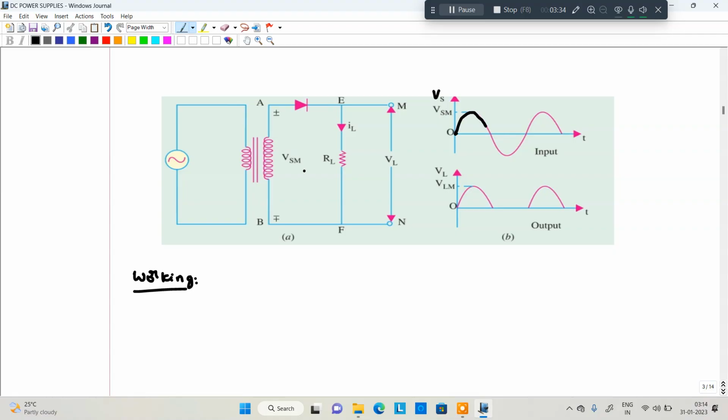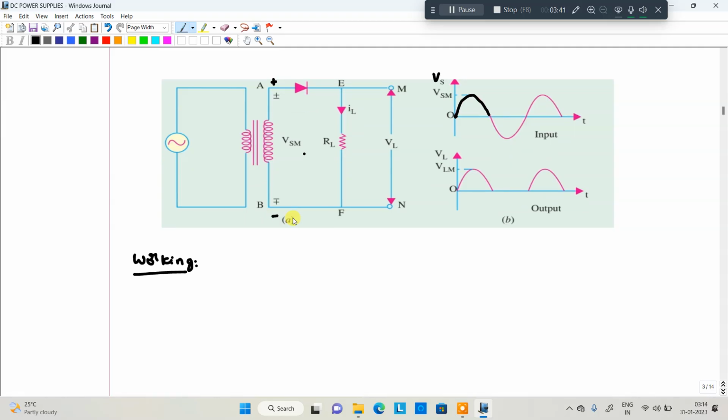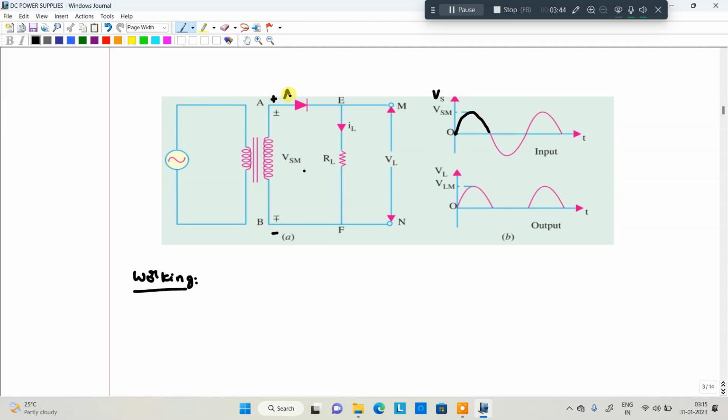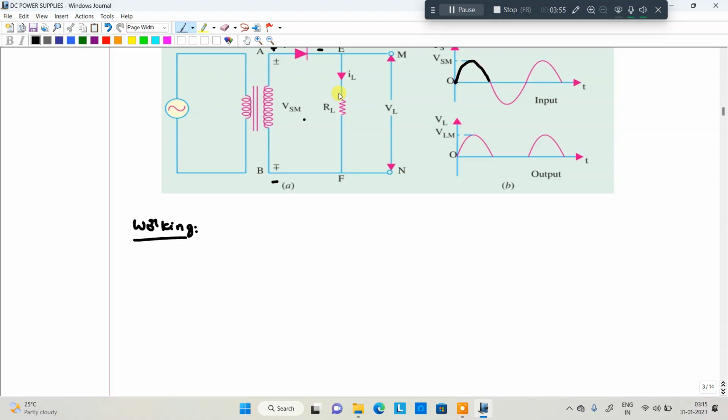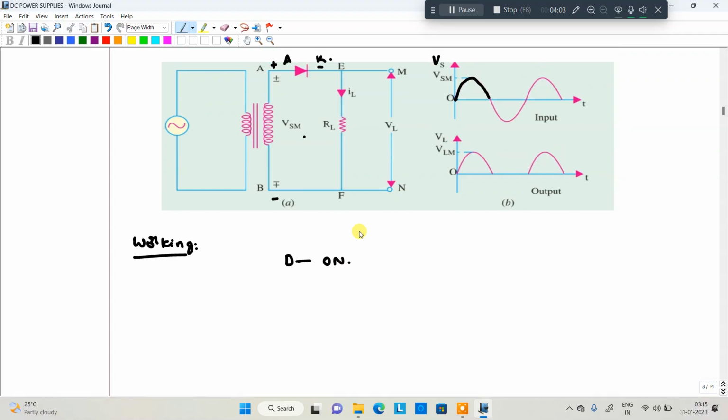In this positive half cycle, one terminal is positive and the other is negative. The anode of the diode is connected to positive and the cathode is connected to negative. So diode D1 is forward biased, that is, in the on state. For the ideal case, the diode conducts at 0 volts.